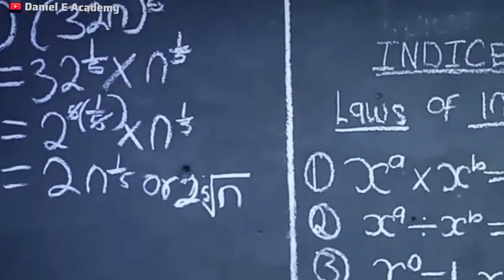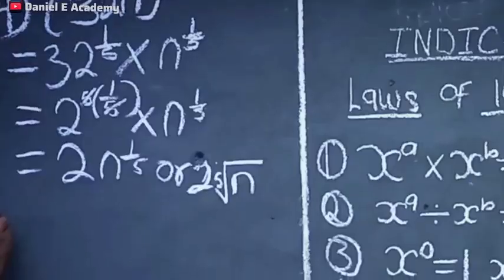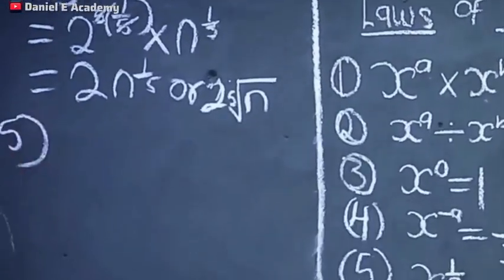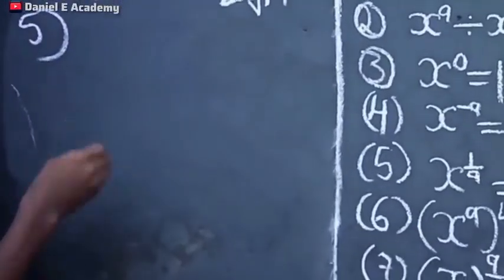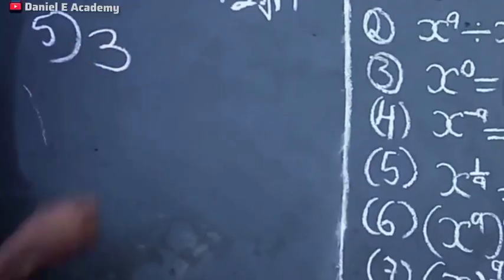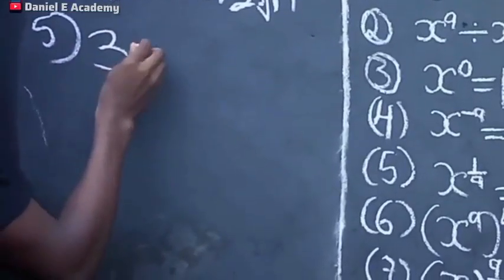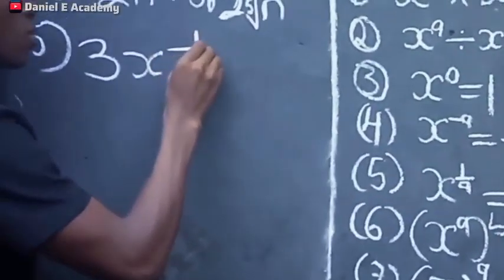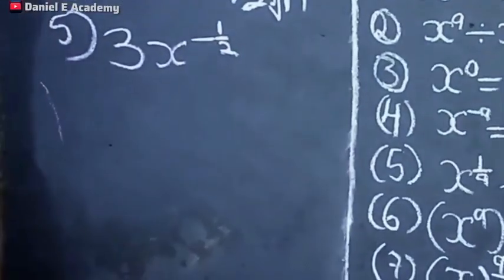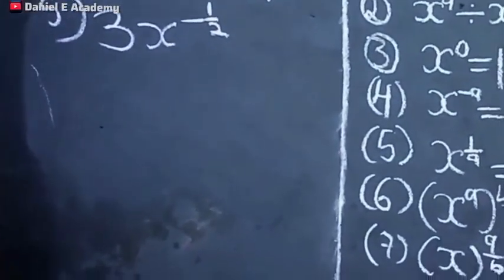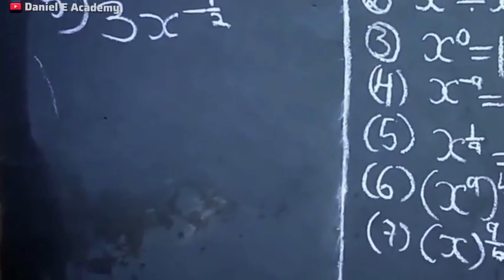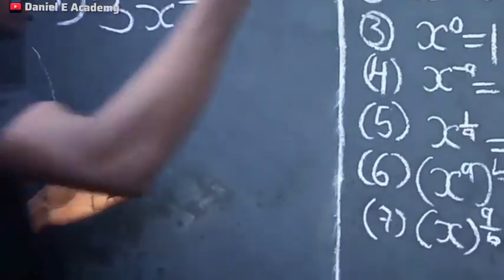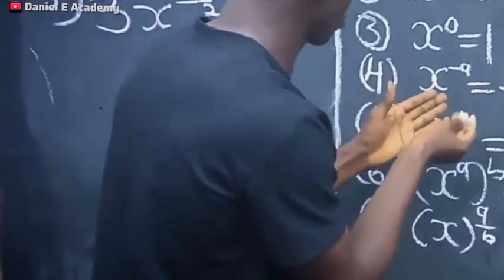So let's try the last question for more understanding. 3x power negative 1 over 2. For this question, we make use of the fourth law.